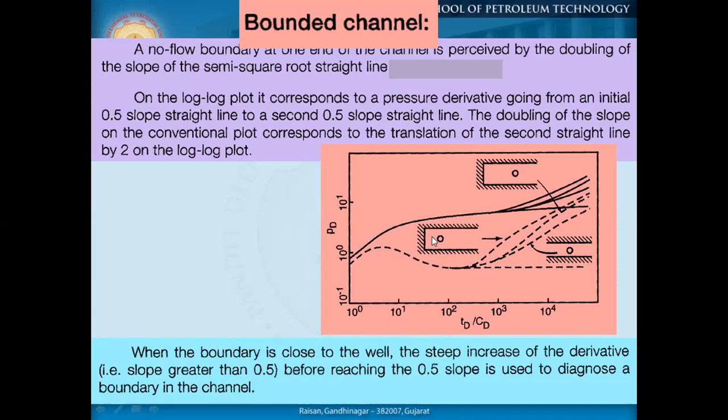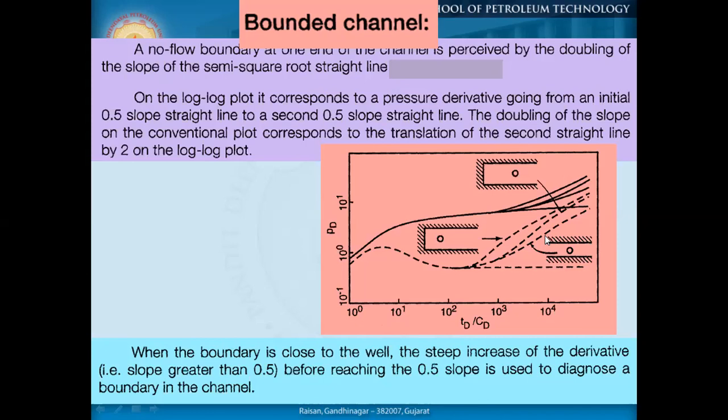That means the flow from this direction is not there. In this case it is slightly farther away, that's why it started going up from here. That means flow is not sufficient, limited flow. And in the third case, you can see the flow is on both sides, so your slope is still less.